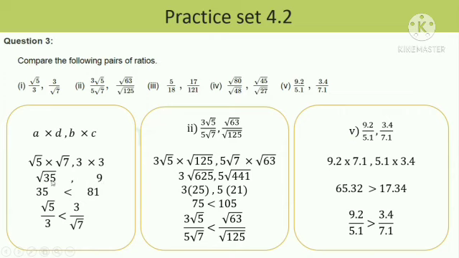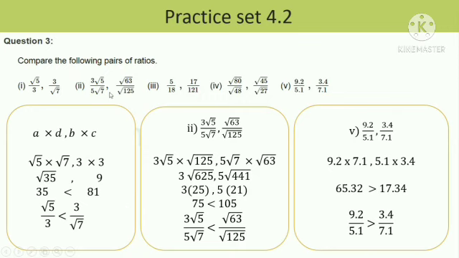So अगर आपको यहाँ पे difficulty हो रही है, so आप squaring on both sides कर सकते हैं. After taking square ये हो जाएगा 35 और यहाँ पे 9 का square हो जाएगा 81. Now we can say that 81 is greater than 35 and hence our second ratio is greater than the first one.